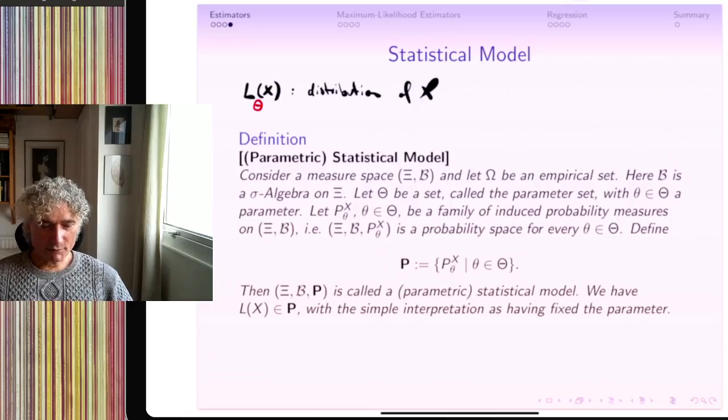Then the whole thing we get, Xi, B, P, is called a parametric statistical model. We have that the distribution of X is then an element in this set P, the family of induced probability measures P_X,theta.